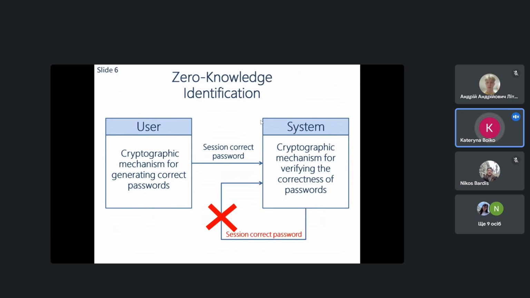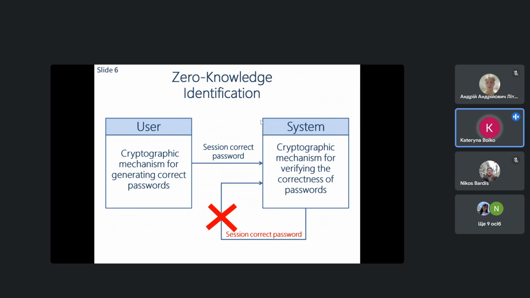Cryptographically strict identification, or zero knowledge identification, provides the most comprehensive protection against all types of attacks except man-in-the-middle attacks. These identification methods ensure that the password changes with every interaction session, and that the user has a cryptographic mechanism to generate correct passwords.